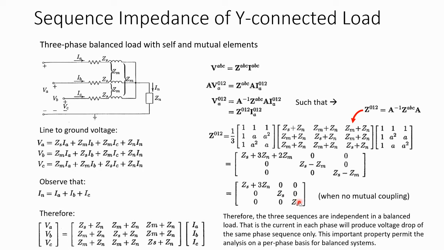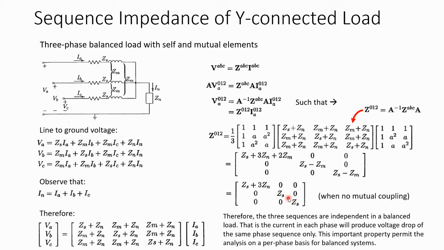You can sort of imagine this by trying to determine what is the V012 by taking this Z multiplied with I. So when you want to multiply with I, then the I has to be the vertical vector with I0, I1, and I2. So when you go ahead and multiply this matrix and the vertical vector of the I012, you will realize that the multiplications, if you can imagine, are not affected by each other.